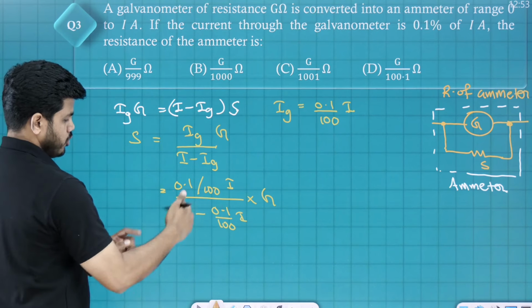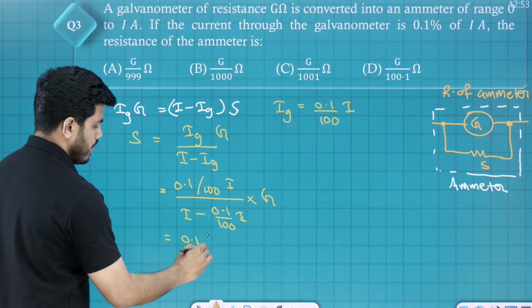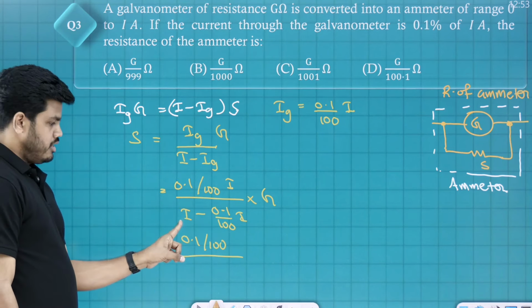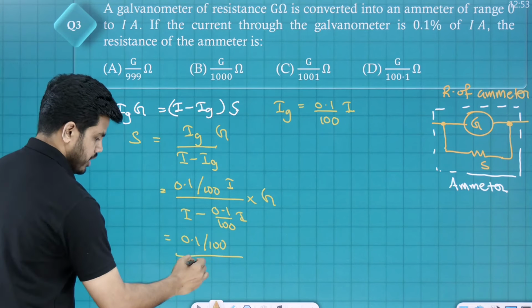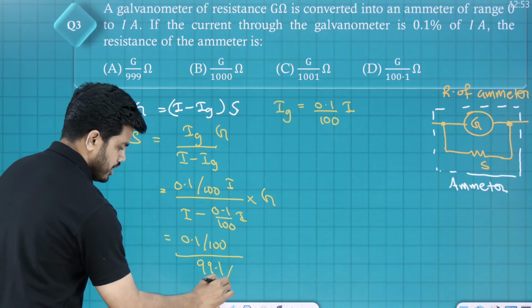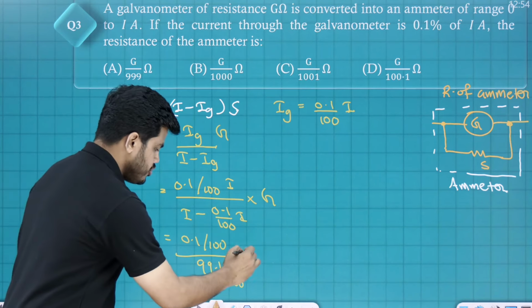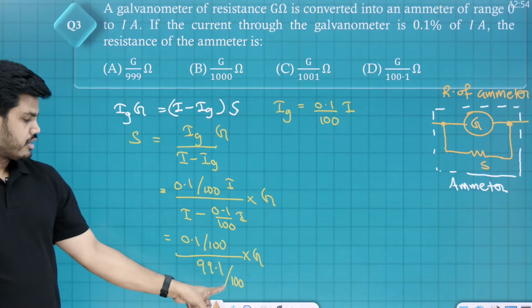Yes, so simplify this. So we will get 0.1 by 100. I gets cancelled. How will you simplify this? 100 minus 0.1. So we get 99.9 divided by 100. Correct? So what is this finally? Into G. Yes, into G. 100 and 100 gets cancelled.